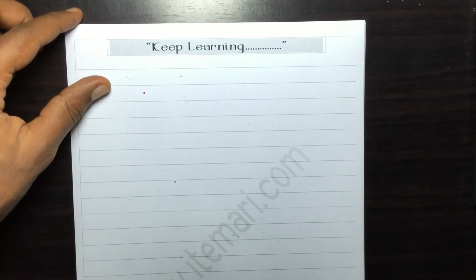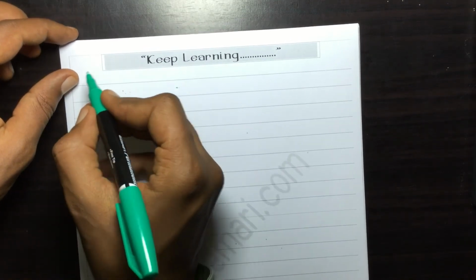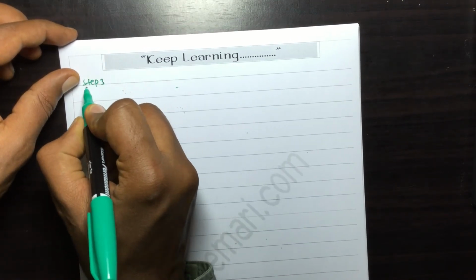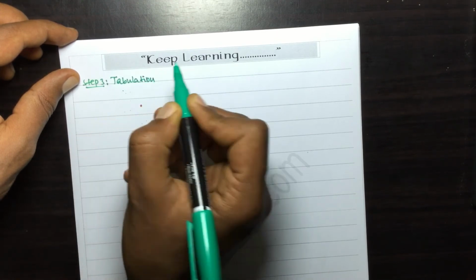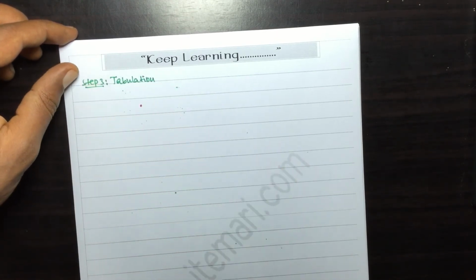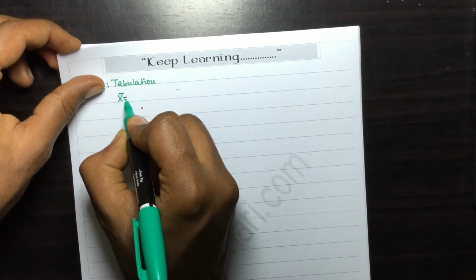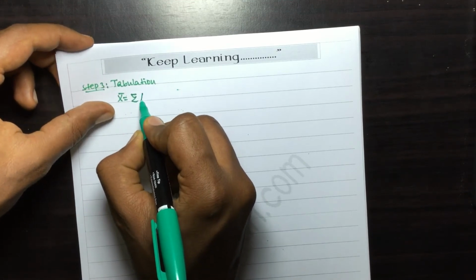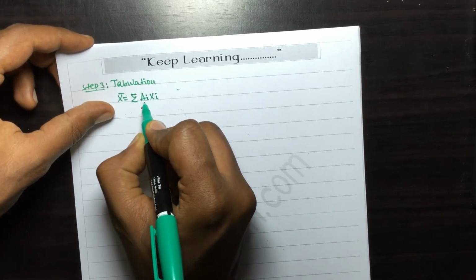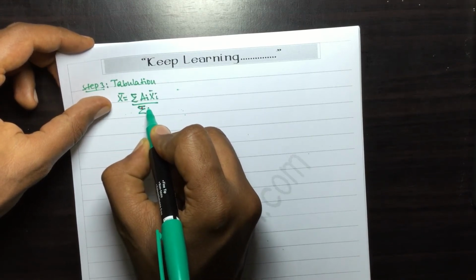And the second, but not the second, for the third step, what is it? It is tabulation. What do we mean by tabulation? x bar is the summation, from the superposition principle, of individual area times xi over the summation of individual area.